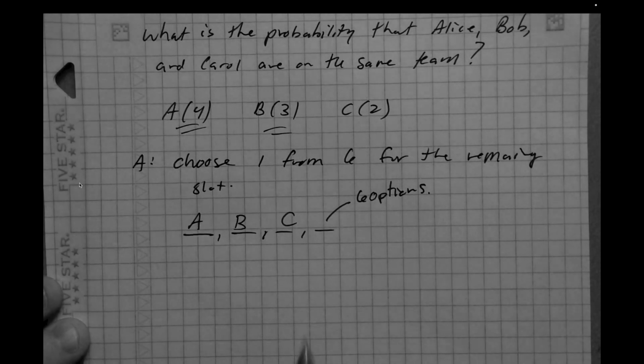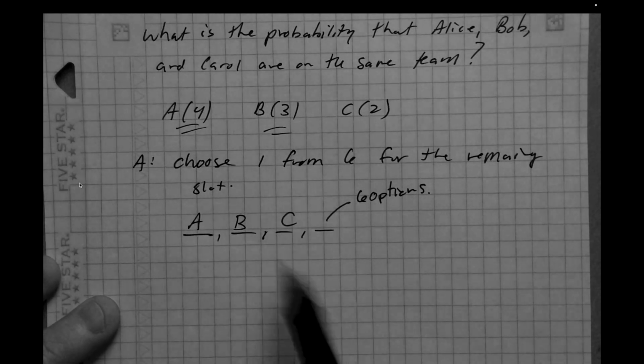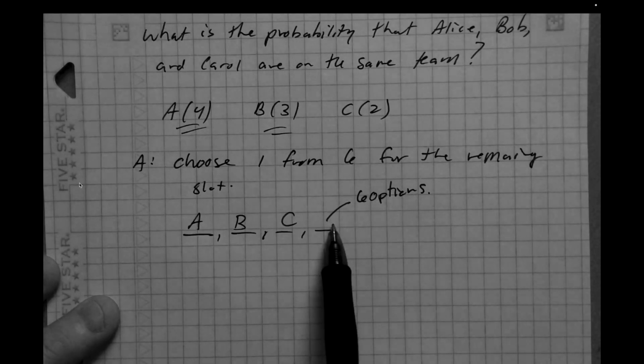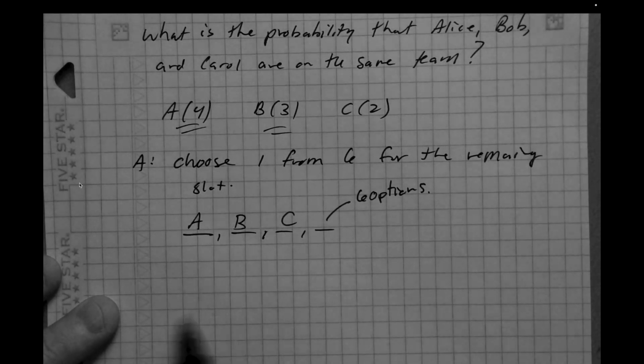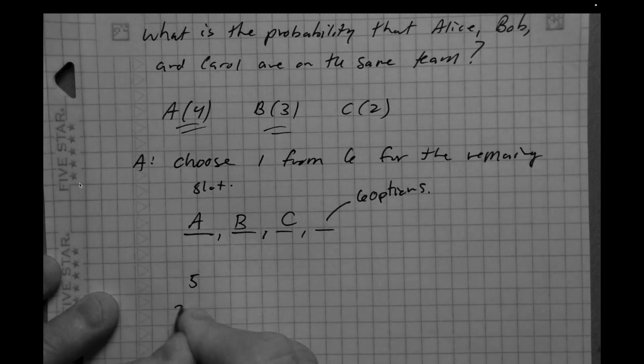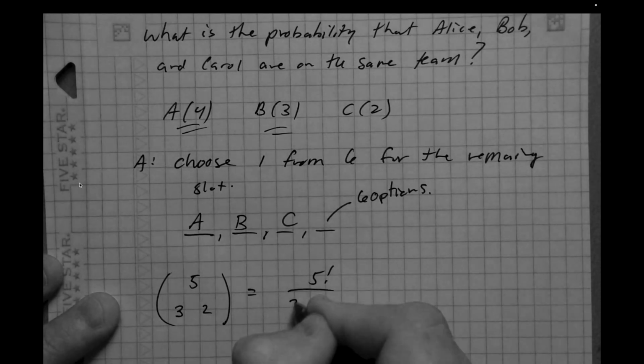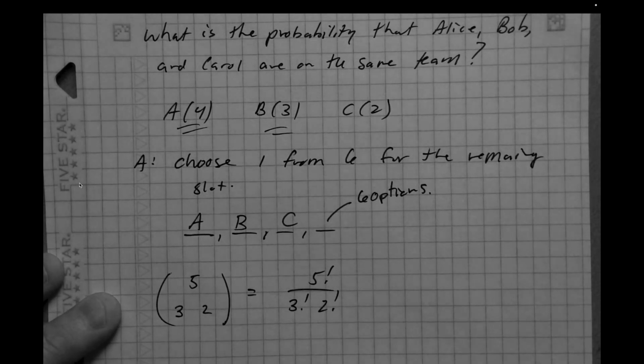into teams B and C. So I choose 1 person here, and I have 5 left to break between team B and team C. So 5, 3, 2, which is 5 factorial over 3 factorial times 2 factorial.